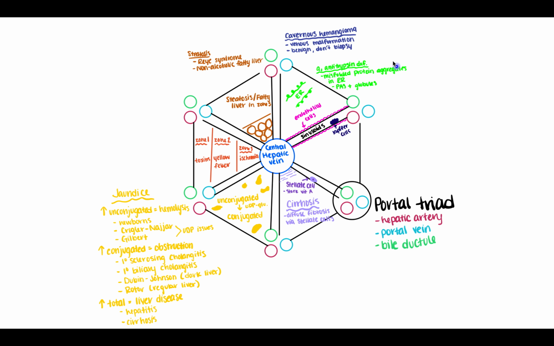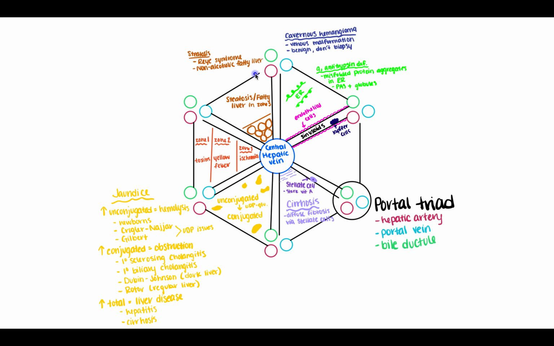I also added a couple other things, not as high yield, stuff like cavernous hemangiomas, as far as like venous malformations in these portal triads, and steatosis. I've seen a lot of questions on this. I even had a friend send me one recently where they asked about a child who had taken aspirin after an infection, and then obviously they're hinting to you, this kid has Reye's syndrome, and then they're like, well, what's going on?